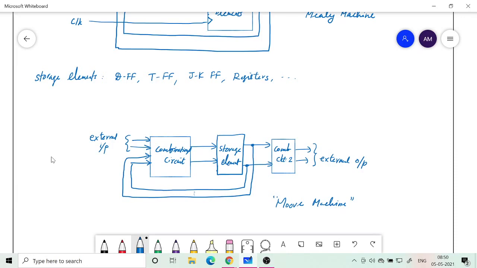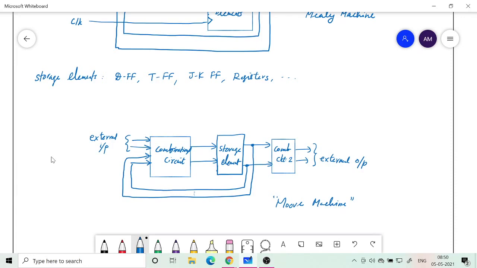So whatever is stored in the flip-flops depends upon the earlier inputs. It doesn't depend upon the present input, because only in the next clock cycle will that come into the storage element. By that time the external input will also change when it goes to the next clock cycle. So the storage element can never hold data that depends upon the present input.